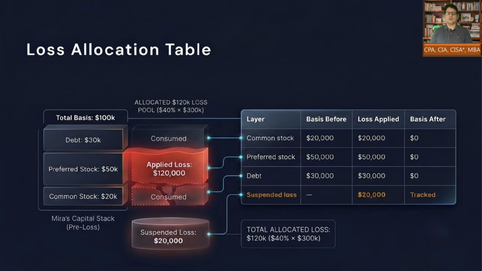That accounts for $100,000 of invested capital. The remaining $20,000 is suspended because all positions are exhausted and there is no further current obligation. The total allocation is 20,000 plus 50,000 plus 30,000 plus 20,000 suspended, which equals $120,000. The table closes and the logic follows the risk ladder.